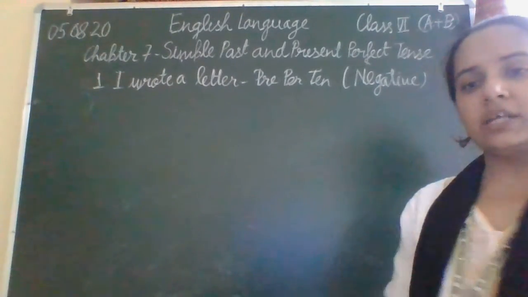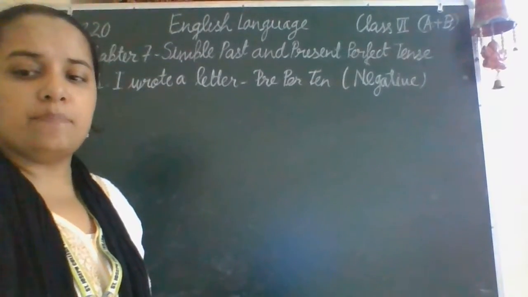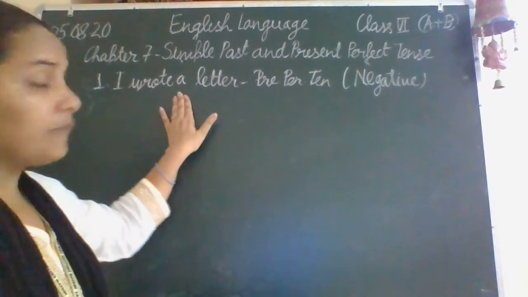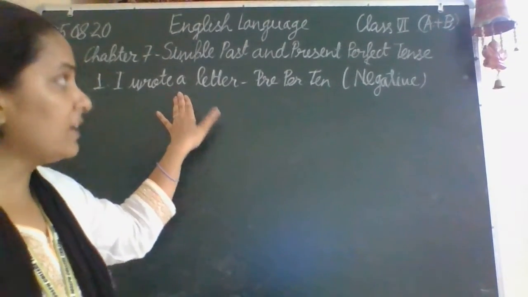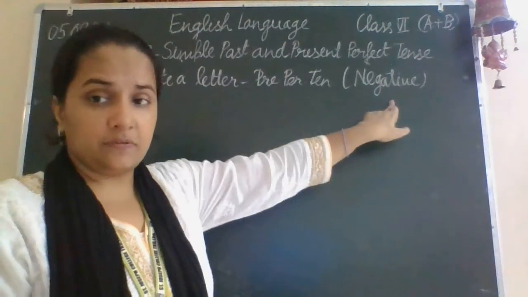So how will I change it? This is a sentence in the simple past tense, and this is an affirmative sentence of the simple past tense, and we have to change it into present perfect tense negative.